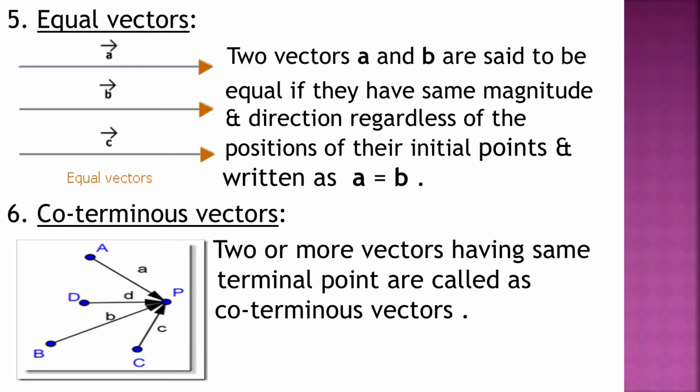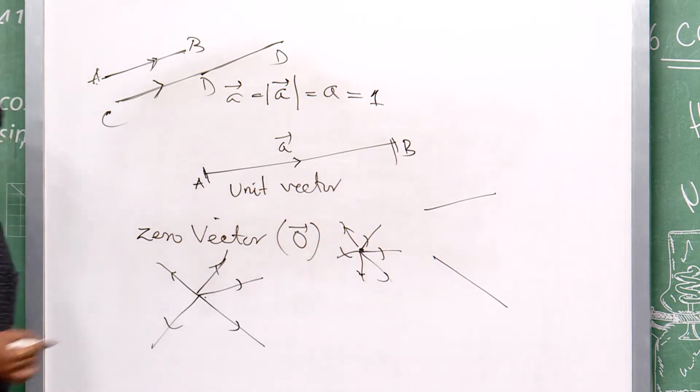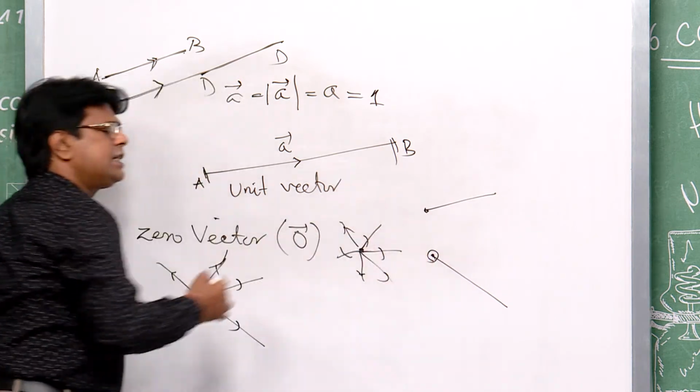Then come to equal vectors. Two vectors A and B are said to be equal if they have the same magnitude and direction, regardless of the position of the initial point, and written as A equals B. Suppose this is a vector and this is another vector. These two are equal vectors having the same magnitude and direction, regardless of the position of their initial points.